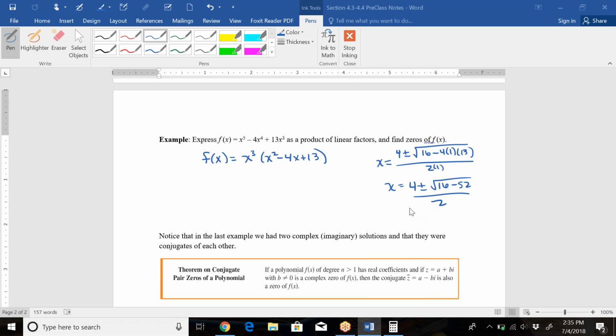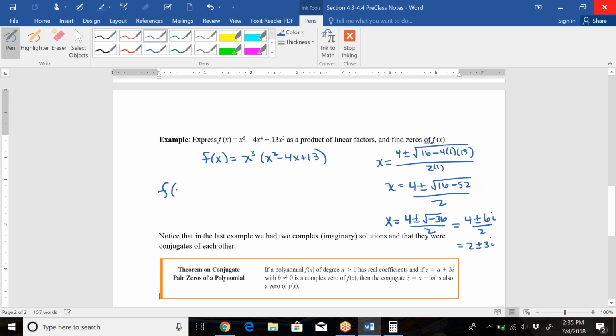And 16 minus 52 is negative 36 under the radical. And that's going to be a 6i. So 4 plus or minus 6i over 2, which reduces down to 2 plus or minus 3i. Okay, so that's how this is going to break down.